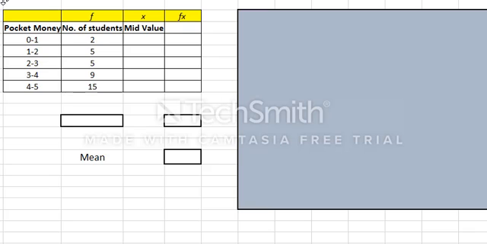Alright, so this is our data which is tabulated in Excel. As you can see, there is one column for the pocket money, another column for the number of students. Now this is where you will come across a new concept called the mid value.